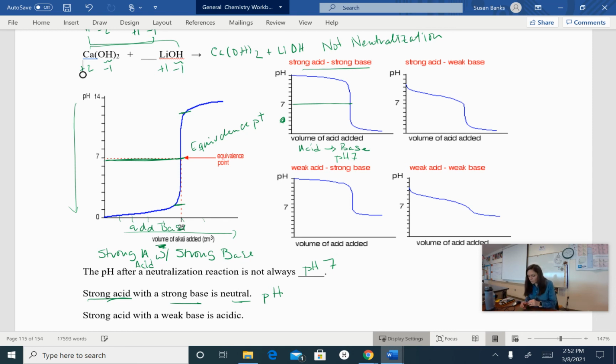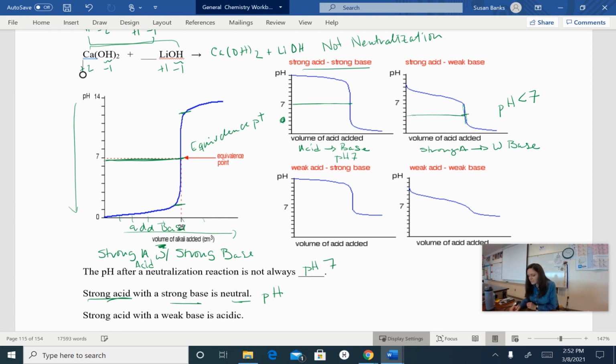But let's look at what happens when I have a strong acid added to a weak base. Okay, so if we look at halfway on this equivalence point or this inflection point, my equivalence point is a pH less than 7.